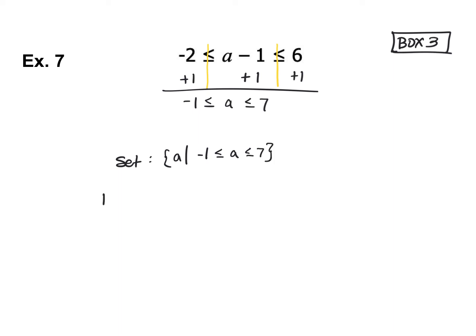Okay, my interval notation, I have -1 comma 7, bracket around the -1, and again it's a bracket around the -1 because it includes the equal sign, and then I have bracket around the 7 because it also has the equal sign.